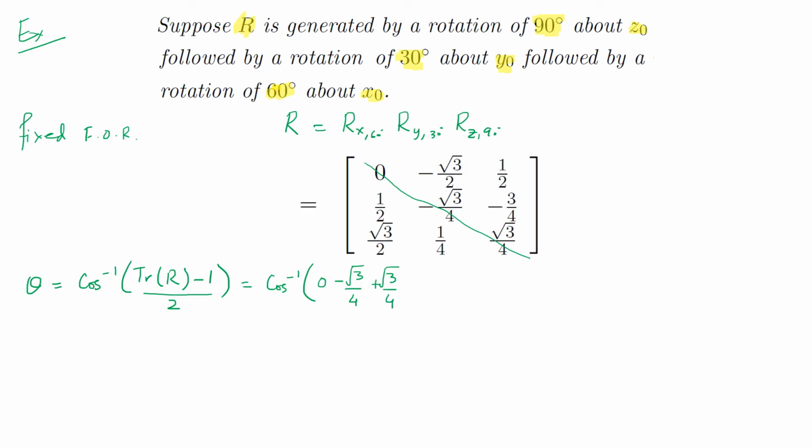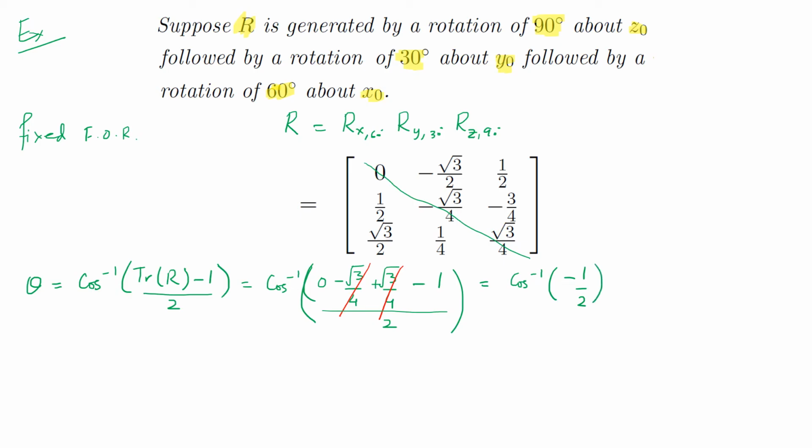Obviously these two cancel each other out, minus 1, whole over 2. So this is obviously going to be cos inverse of minus 1 by 2.